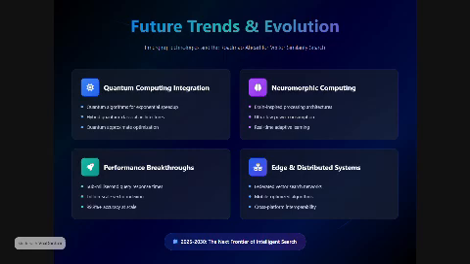What about performance breakthroughs? The points are sub-millisecond query response time, trillion-scale vector indexing, 99.9% plus accuracy at scale. Edge and distributed systems have federated vector search networks, mobile-optimized algorithms, cross-platform interoperability.